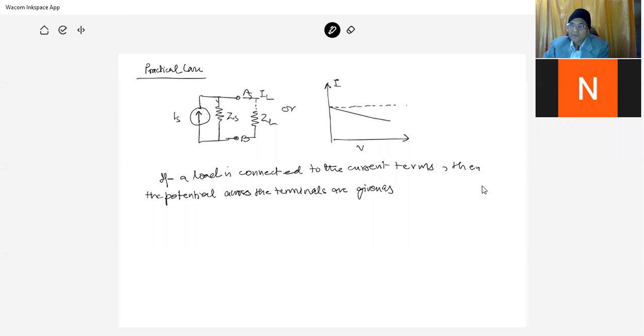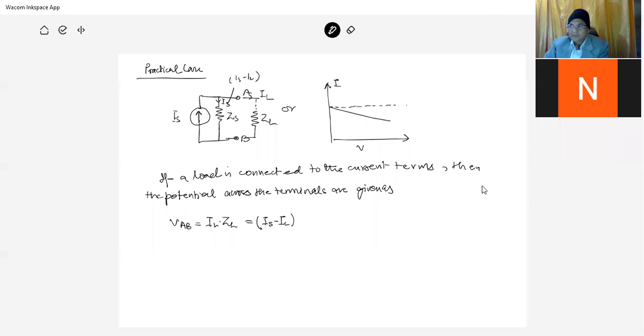Here the current flow is IS, the source current. So what we find, this IL, the potential across the load VAB is I load into ZL. This is ZL, and this current is IS minus IL.